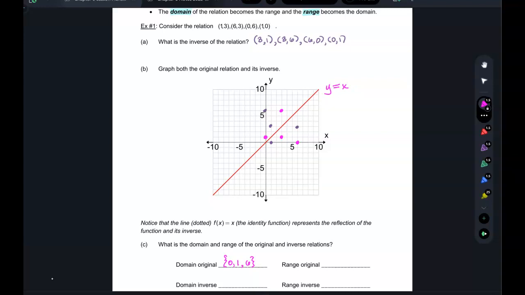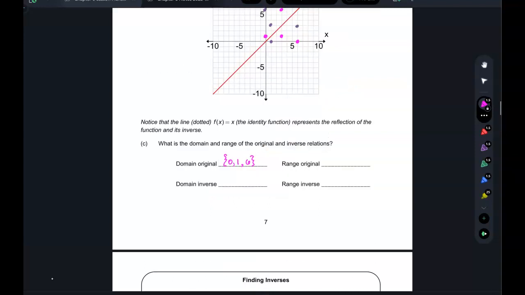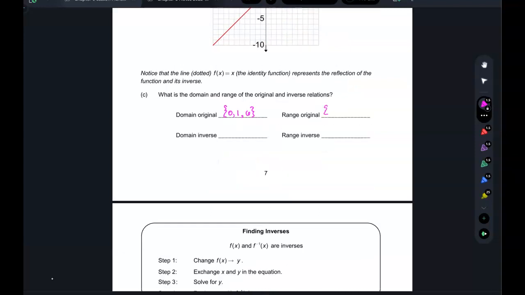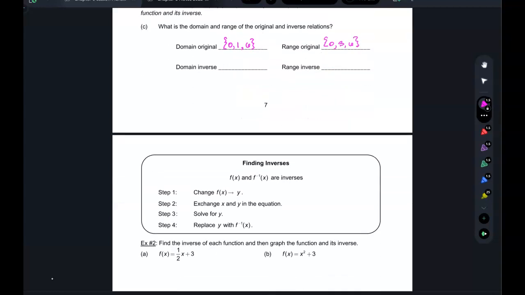The range is 3, 3, 6, and 0, so 0, 3, 6. The domain of the inverse is going to be the range of the original, so we just swap those. And the range of the inverse is our 0, 1, and 6. So these two are the same. These two are the same.